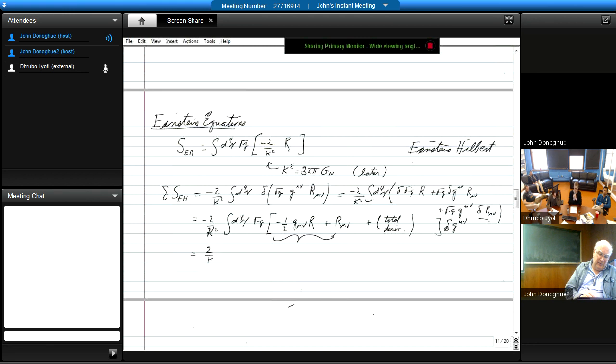So this is then equal to 2 over kappa squared, integral d^4x, times G_{mu nu}, which is going to be the notation for the Einstein tensor, delta g^{mu nu}. G_{mu nu} is R_{mu nu} minus 1/2 g_{mu nu} R. And I've still got the square root of minus g.